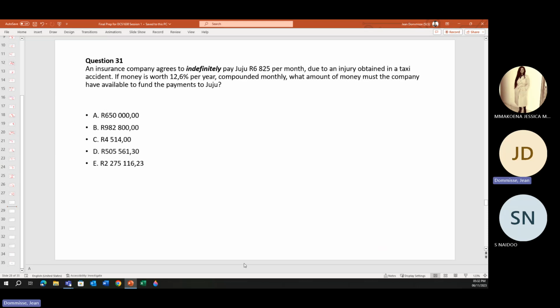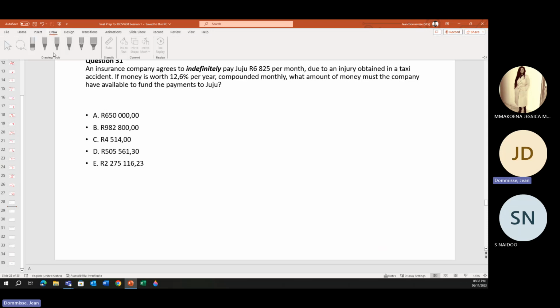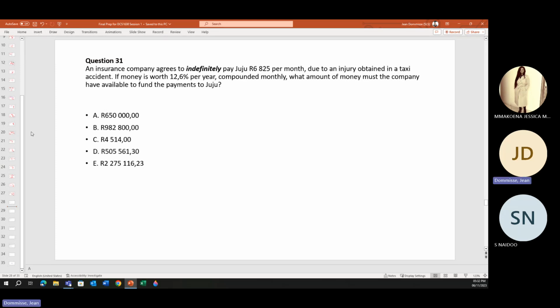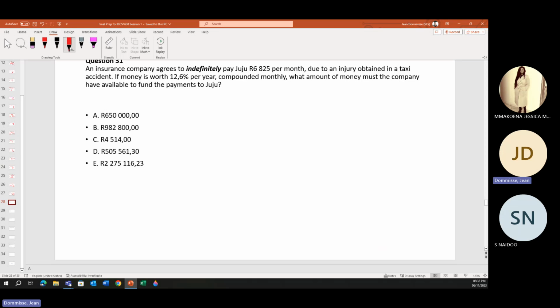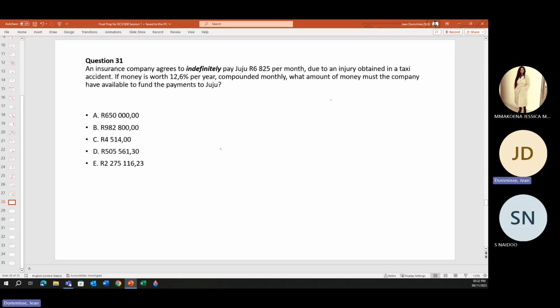Okay, so the last few questions. Again, we're getting some repeats of the previous work that we worked out during the week. So this question, if we read through it: an insurance company agrees to indefinitely pay, so when we look at that, it will be an annuity that is a perpetuity.